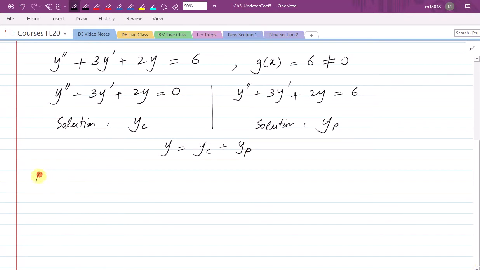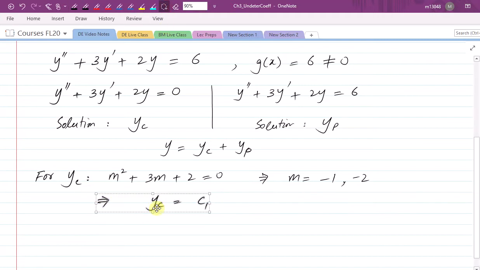So for yc, we write the auxiliary equation m square plus 3m plus 2 equals 0, which means m equals minus 1 and minus 2, and this means yc equals c1 e raised to power minus 2x plus c2 e raised to power minus x.